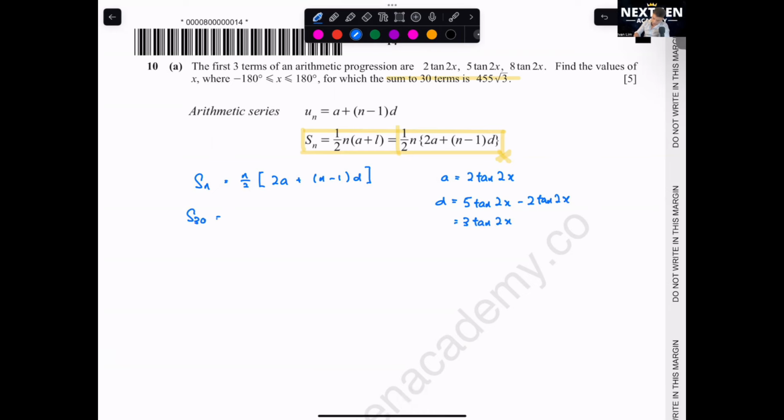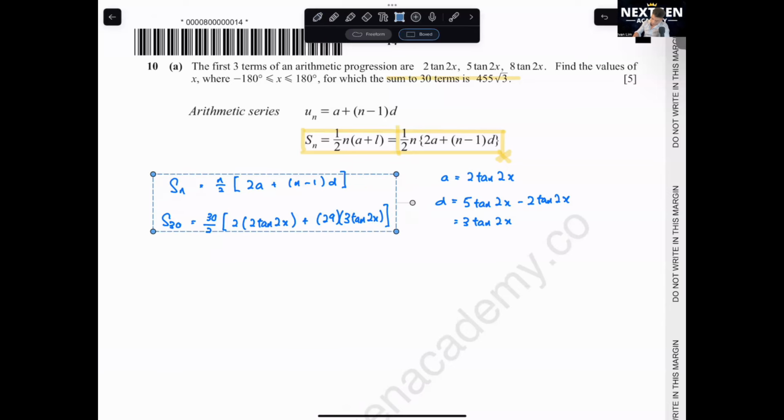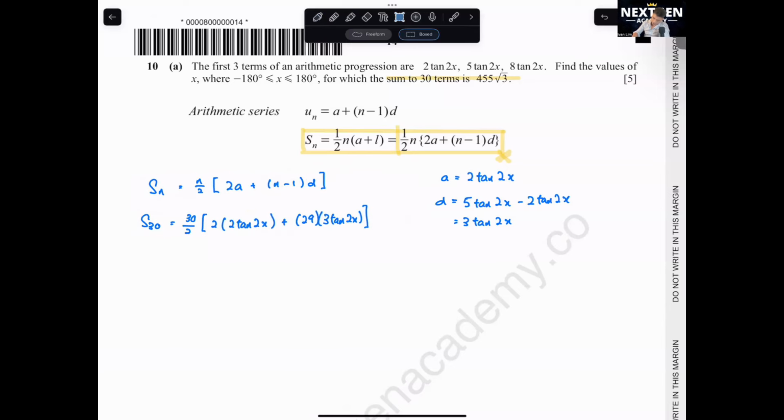S30 equals 30 over 2, 2a, 2 tan 2x, plus n minus 1. Your n is 30, so 29d, 3 tan 2x. They say that this equals 455 root 3.